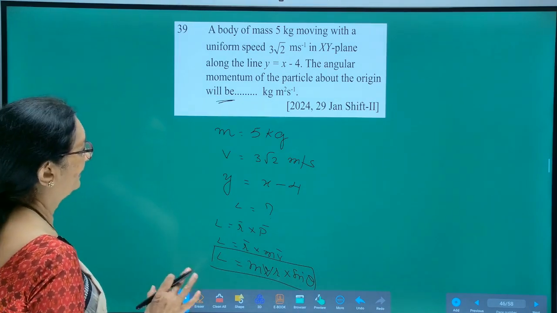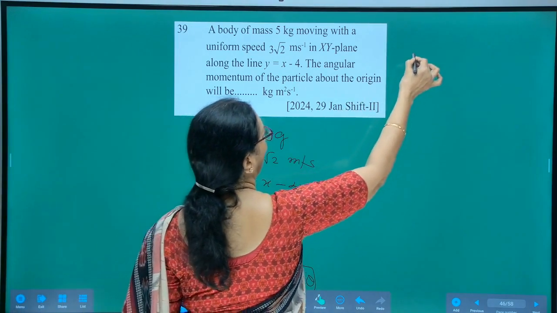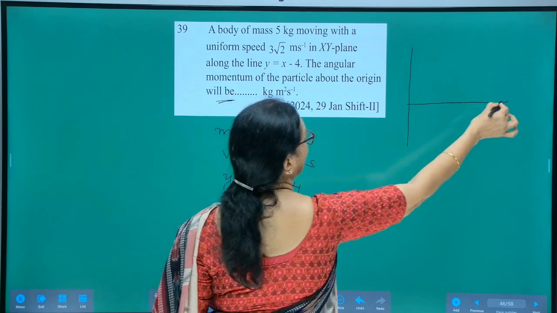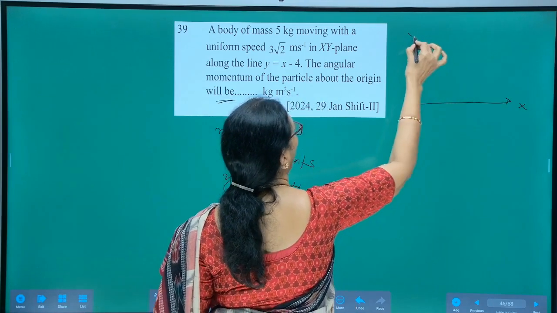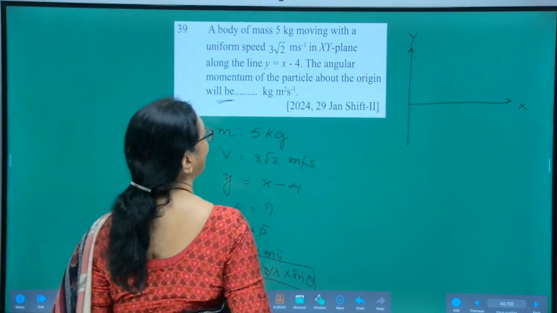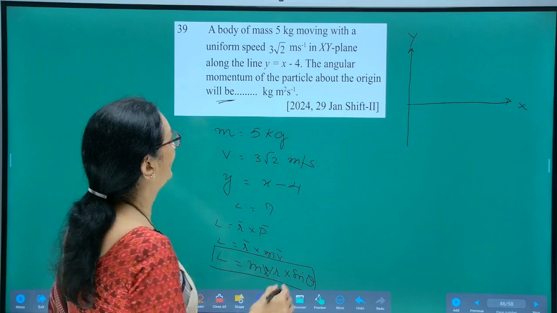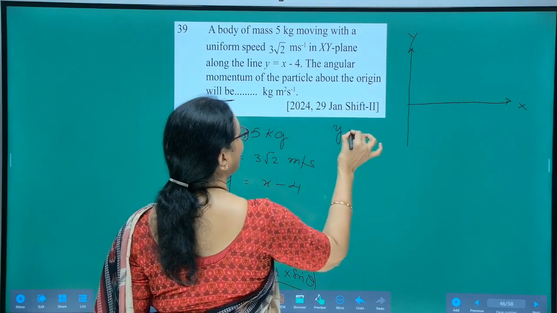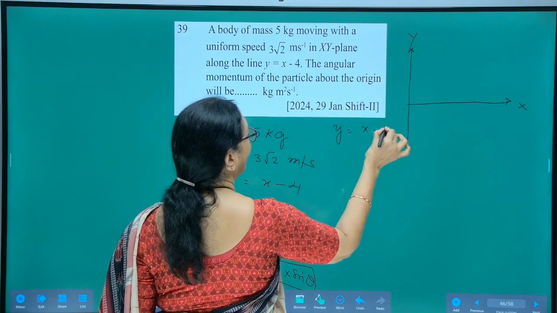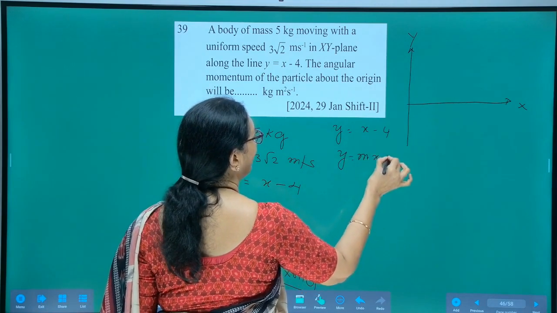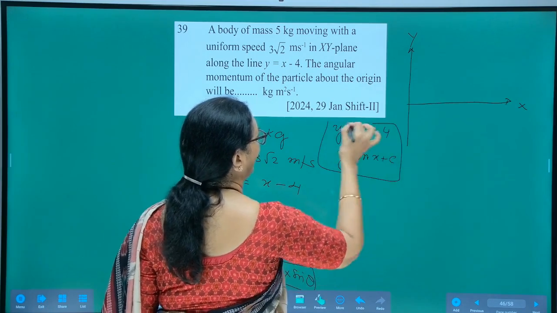Look here, let us draw a diagram. See, this is the x-axis and this is the y-axis, so that represents the xy plane. It is moving along the line given by y is equal to x minus 4. We know y is equal to mx plus c is the equation for a straight line.